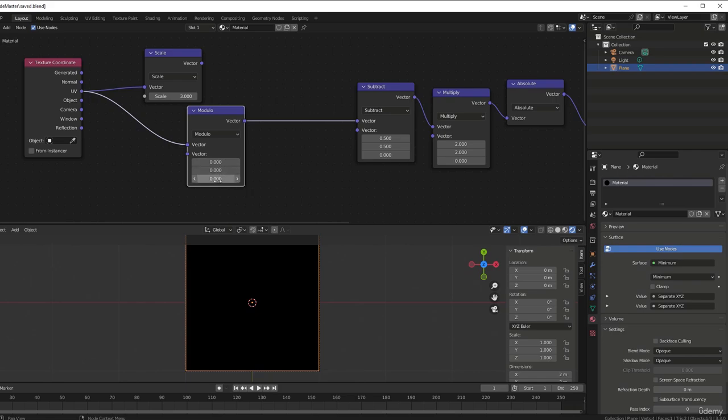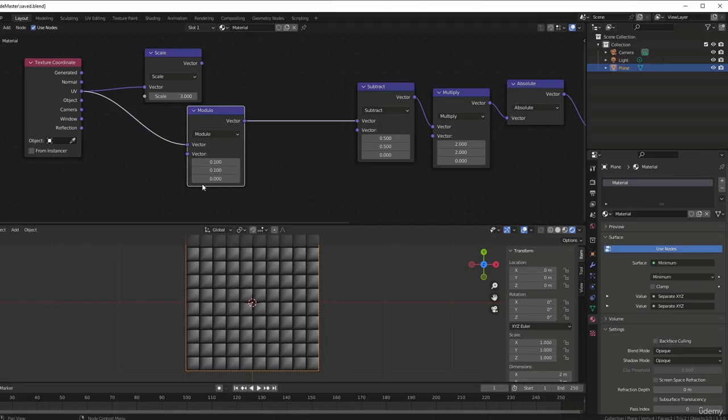But right now, you can just think of it like something that splits the UV in the amount you put here. If you divide it with 1, I will show you, it's easier to see. But if I put like this, then you divide the UV by 10. So I get 10 small pieces here.